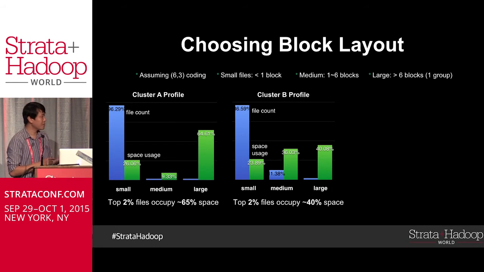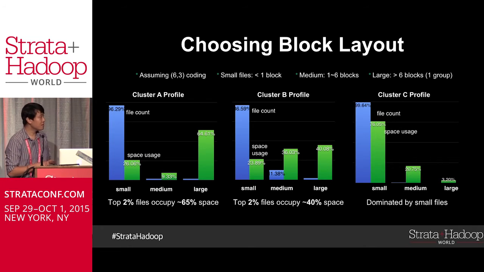In the second cluster, we can see that still only the top 2% of files are in the large file category, but they only occupy about 40% of space. And finally, in the third cluster, large files are negligible in both file counts and storage consumption. So that tells us that in all cases, if we ignore small files and only want to save for large files, then the saving from erasure coding will be significantly lower.